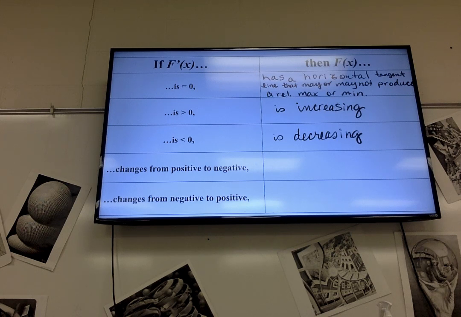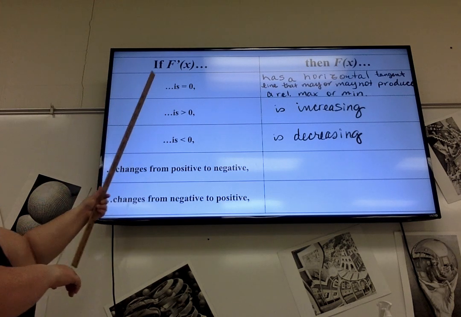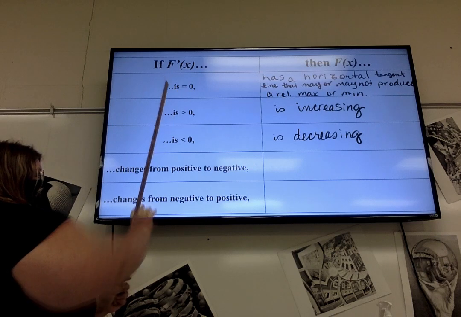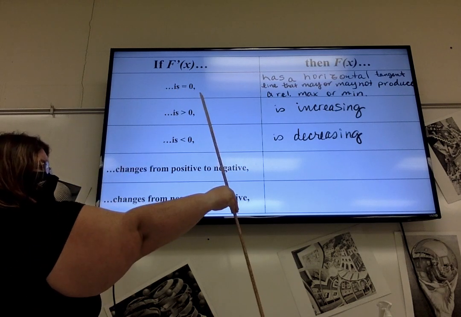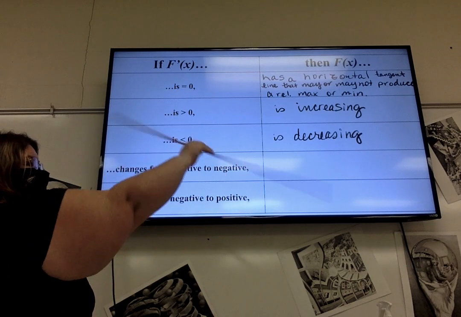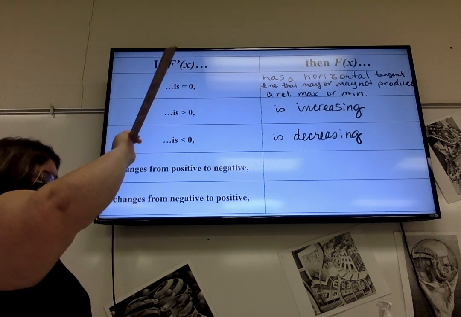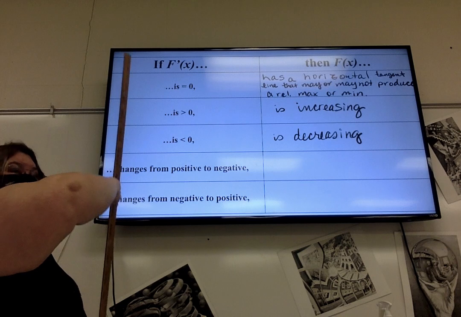What if it changes from a positive slope to a negative slope? If the derivative changes from positive to negative, what had to happen? It went from going up to the relative max.